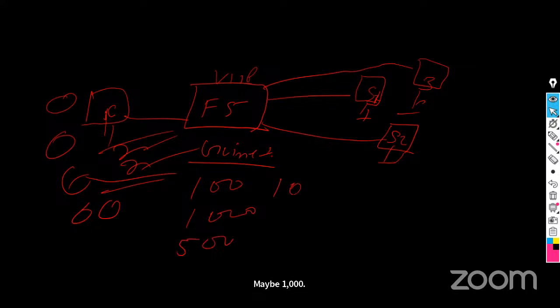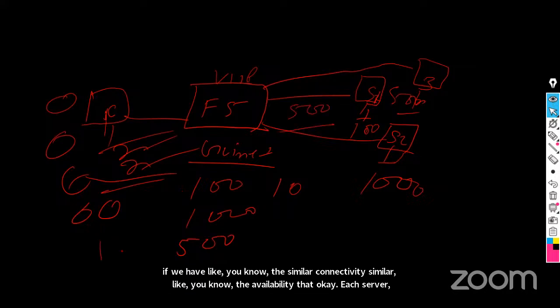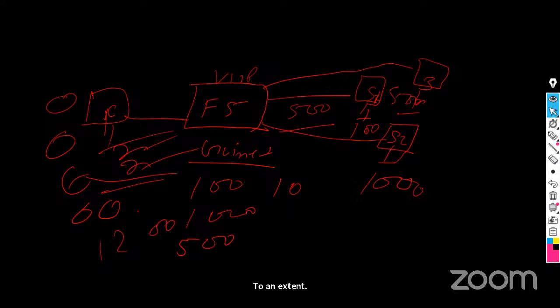So we set, for example, that this server has the capacity to take 100 connections, here we have 1000 connections, here we can manage 500 connections. Or if we have similar availability, each server can handle 500 connections, and we receive a total of 1200 requests from the front end.